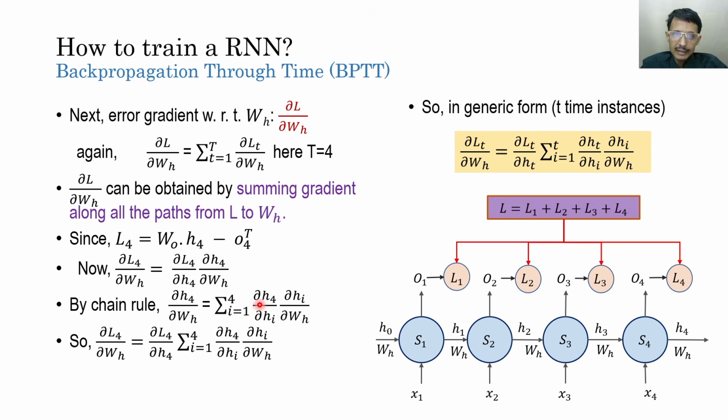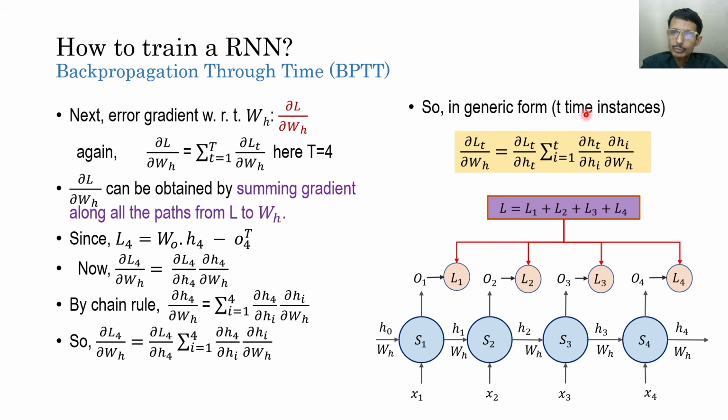It comes as the sum over i equal to 1 to 4 of ∂H4/∂Hi times ∂Hi/∂WH. So we can derive this from the chain rule and put it into the equation for ∂L4/∂WH.